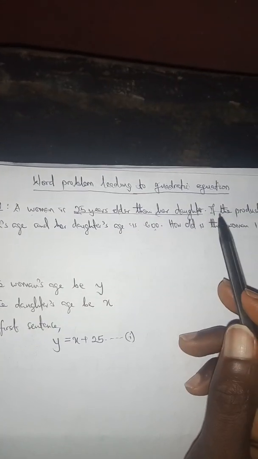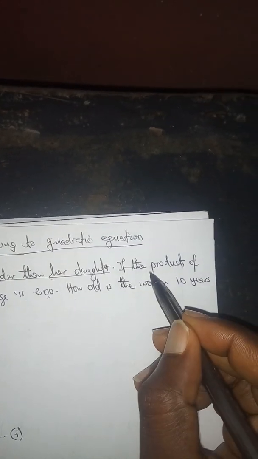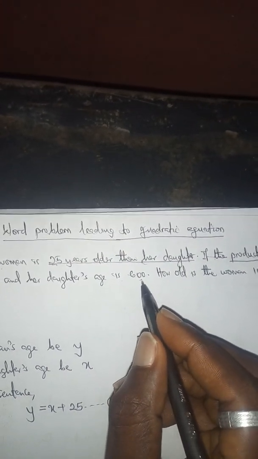Let's move on to the second sentence. If the product of the woman's age and her daughter's age is 600.